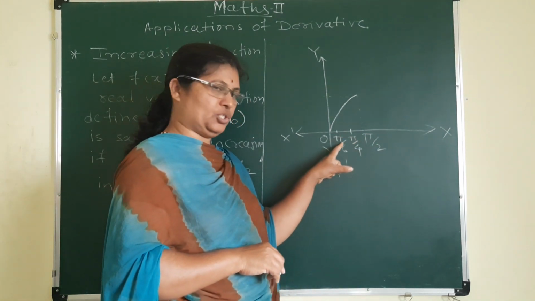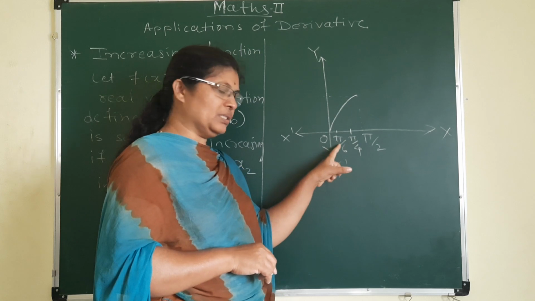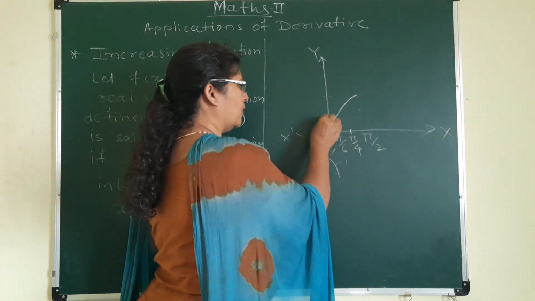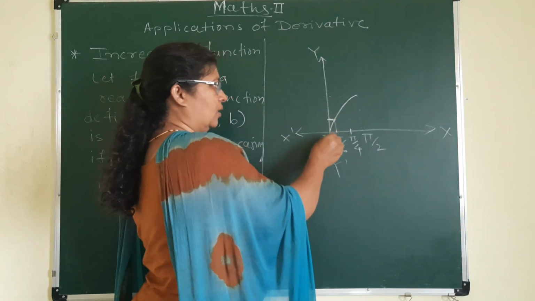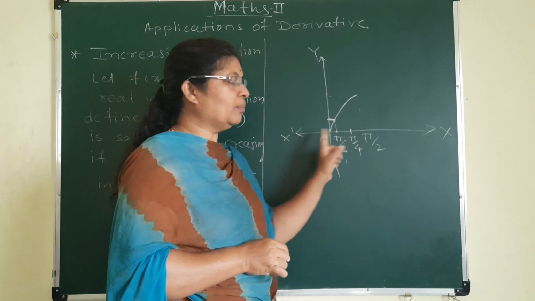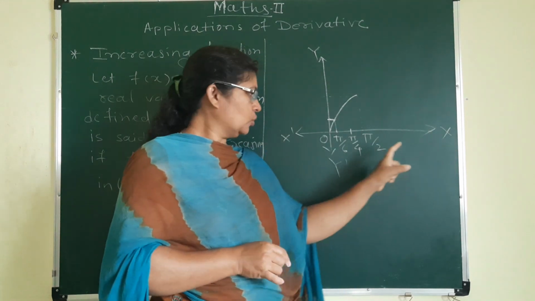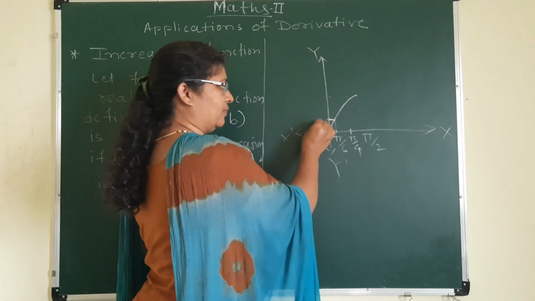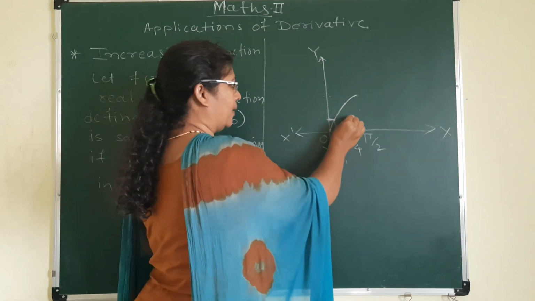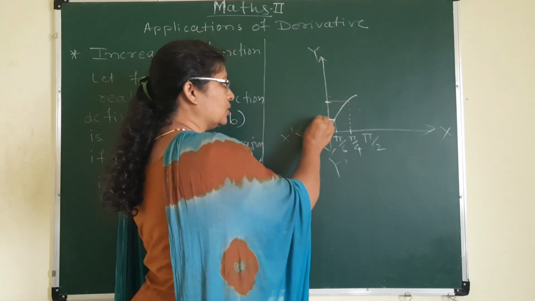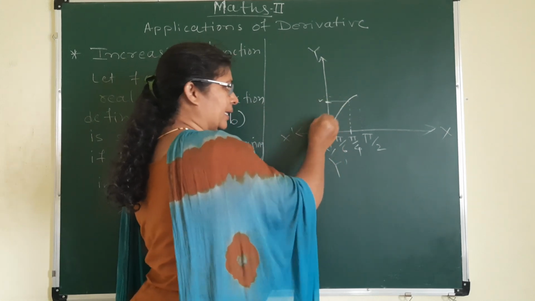This interval is considered. So of course pi by 4 is greater than pi by 6. Then look at this value. This value is the value of the function here. We know the value of the function is along the y-axis and the variable along the x-axis. So at pi by 6, here it will be the value of that function, and at pi by 4, here it will be the value of that function. Of course, this value is greater than this one.